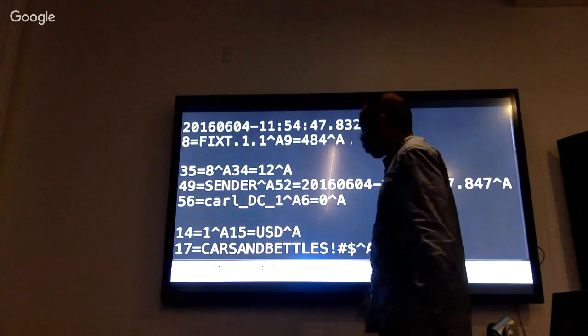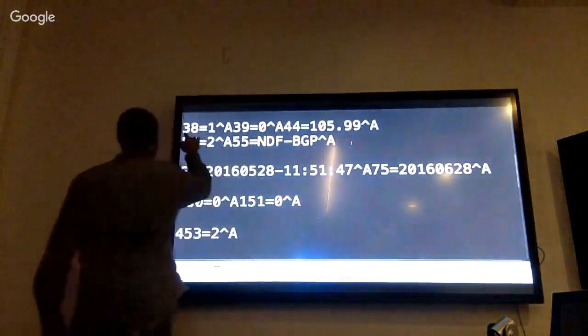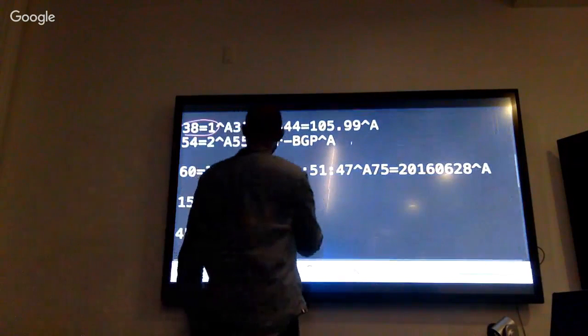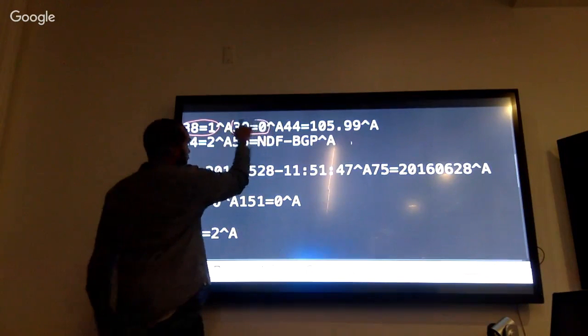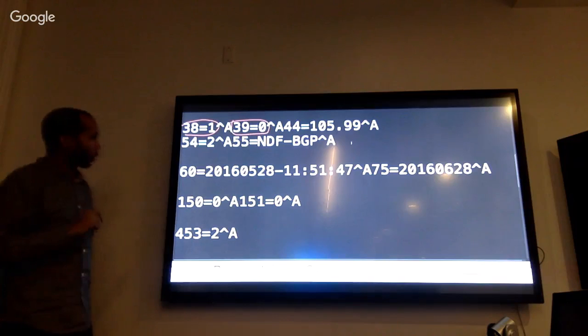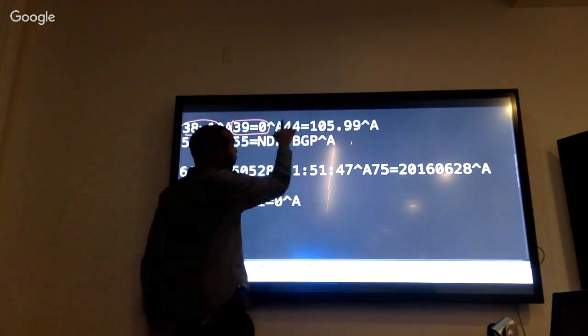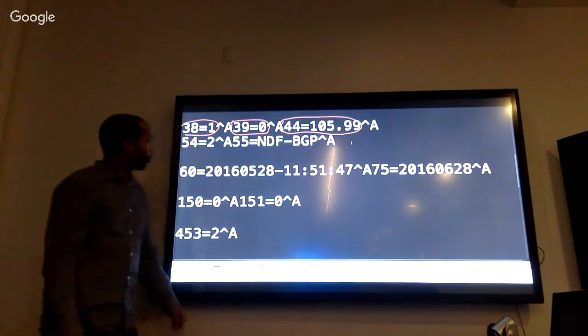Let's move on. Here we see some order details. Quantity is 1. We see status of 0, which is what you would see on an acknowledgement message, so status of new. We see 44 equals 105.99, that is your price.